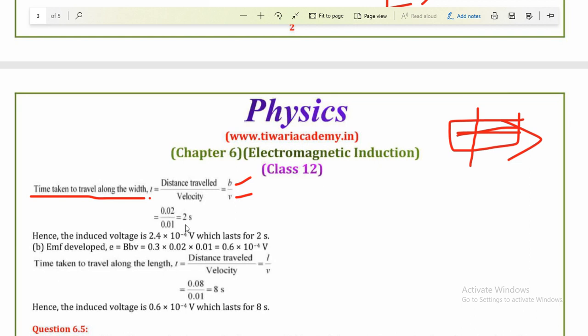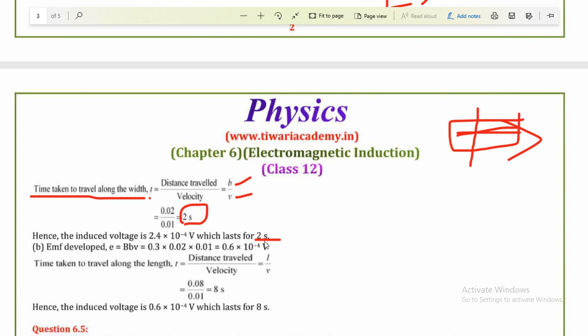So it takes 2 seconds to move out of the magnetic field, and the induced EMF lasts for 2 seconds, because it will be out from the magnetic field after 2 seconds. So there will be the induced voltage for this time interval of 2 seconds.